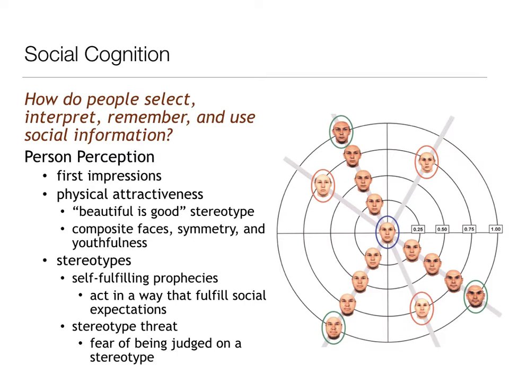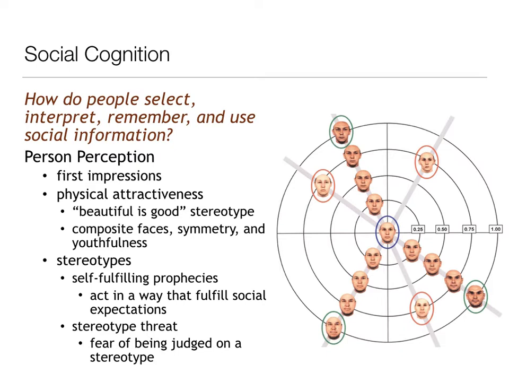And this can be really, really extra harmful in a situation like stereotype threat. Stereotype threat is where we fear being judged by a stereotype, so say there's a stereotype that you don't like, it can actually change your behavior and become a self-fulfilling prophecy. We see in studies on gender and ethnicity when stereotypes are activated, like we've talked about that women aren't as good at math as men are.